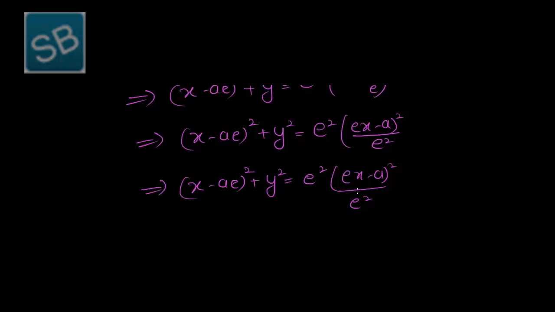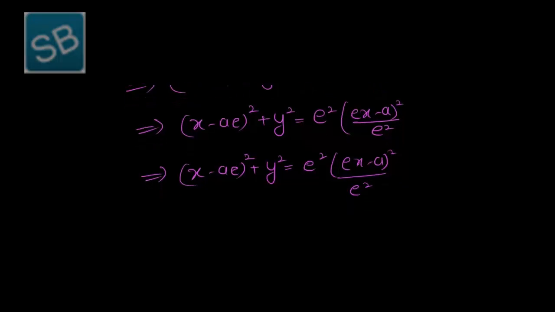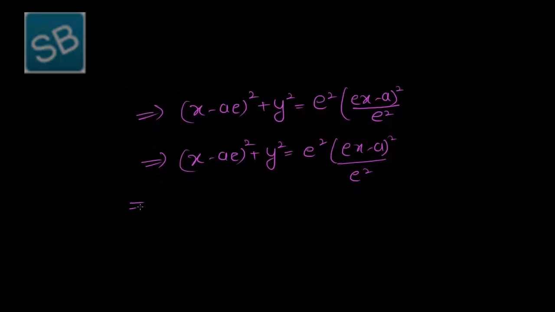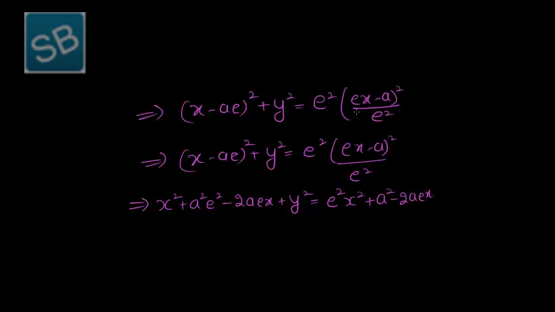The e square and e square are cancelled out, and on opening the squares we get x square minus 2aex plus a square e square plus y square is equal to e square x square plus a square minus 2aex.